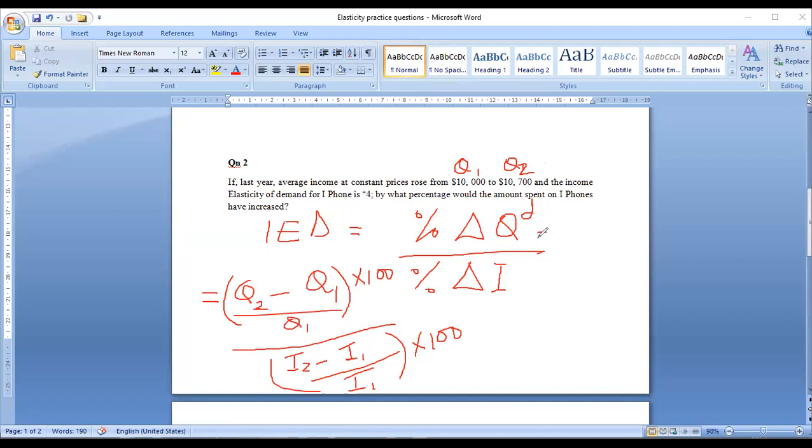So this one is 10,700 minus 10,000, divided by 10,000, times 100.